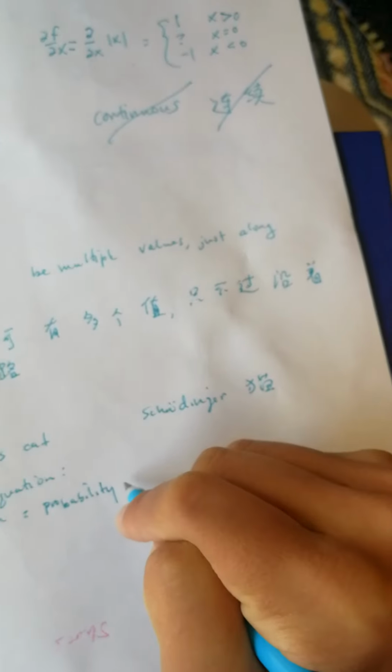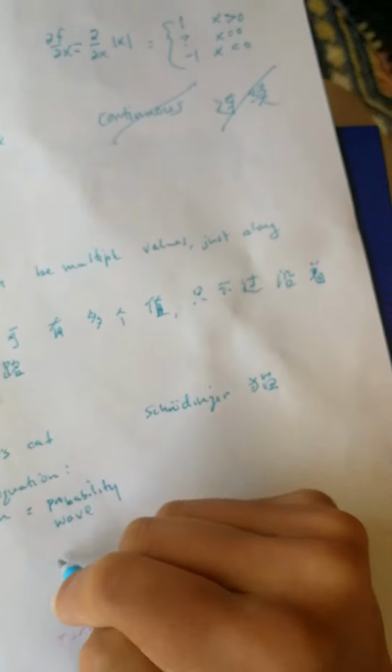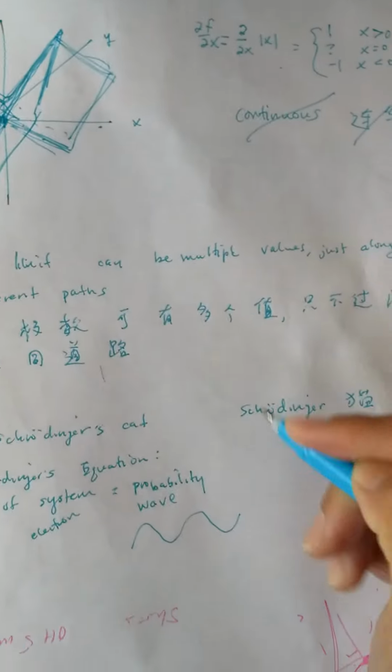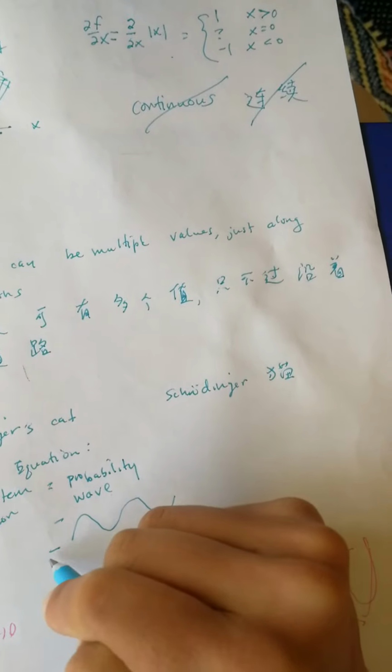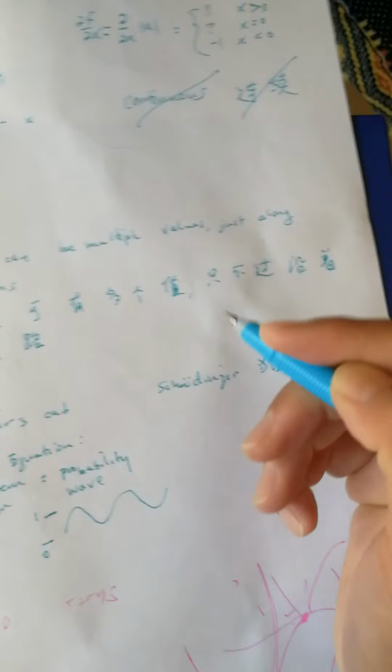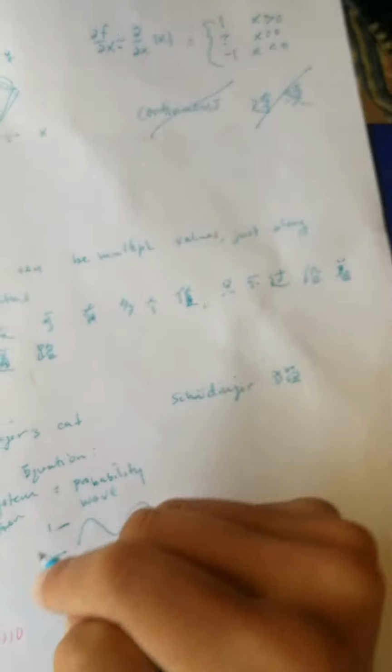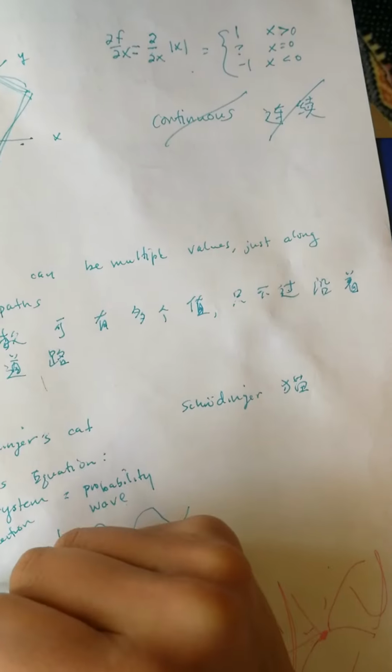It's a probability wave, and it's somewhere between 0 and 1, or -1 and 1, with some probability.